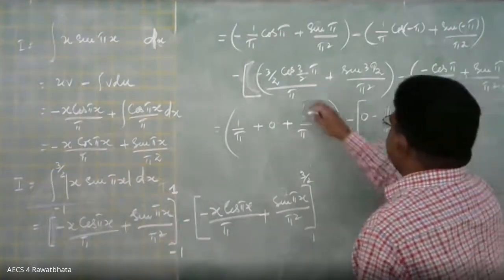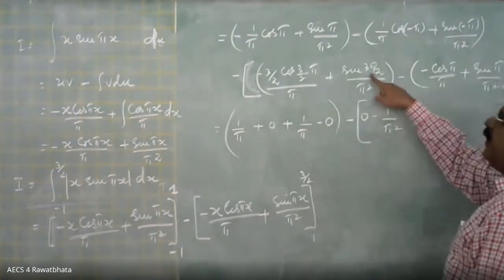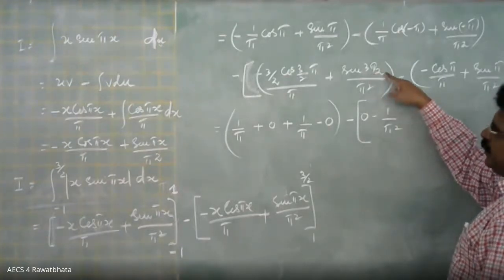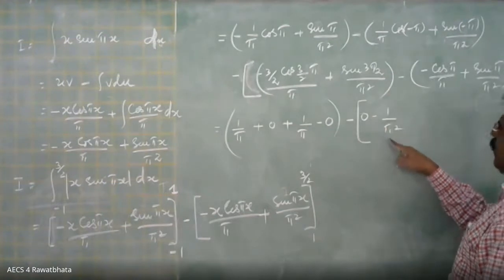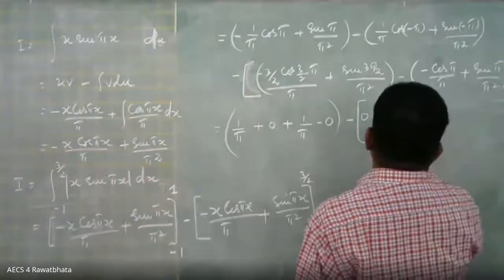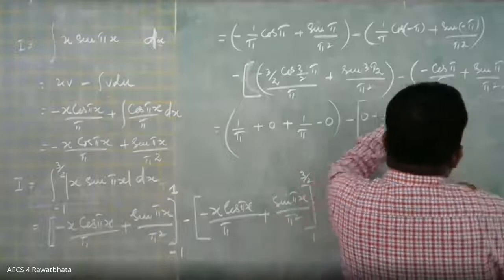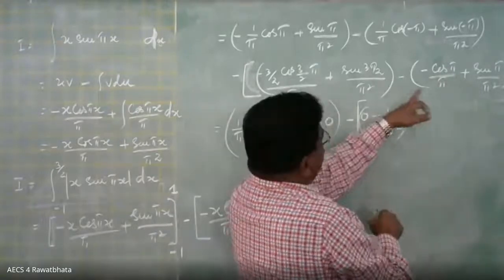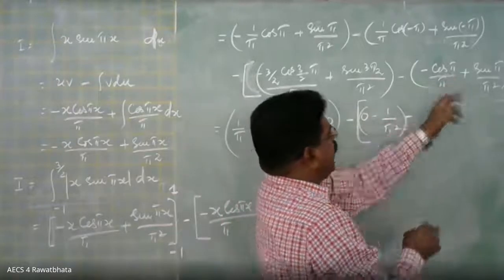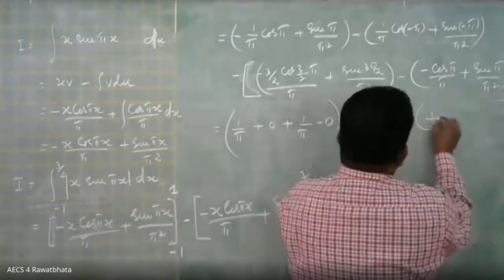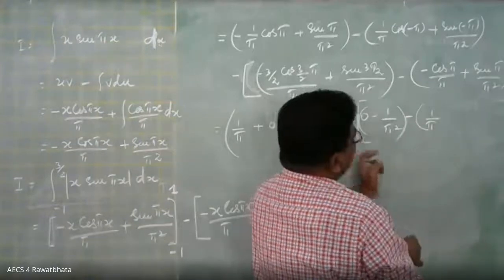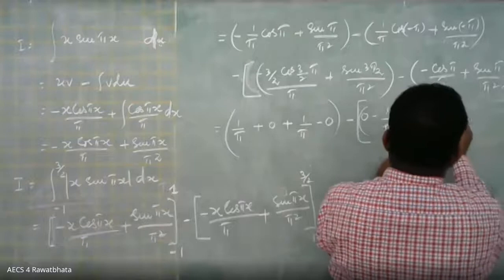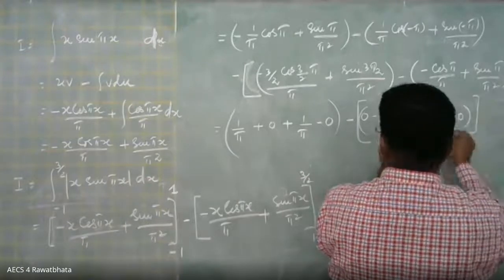Here 0. Sine 3 pi by 2, that is pi plus pi by 2, that is minus 1. Minus 1 upon pi squared. Then here minus cos pi, minus 1. You can close it. And here cos pi is minus 1, minus minus plus, plus 1 upon pi. And here sin pi is 0, plus 0, close.